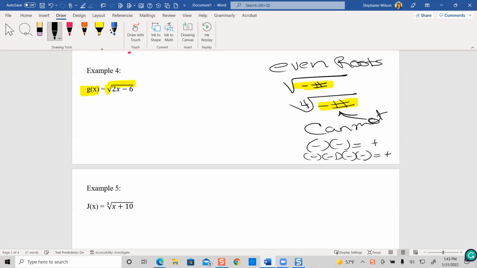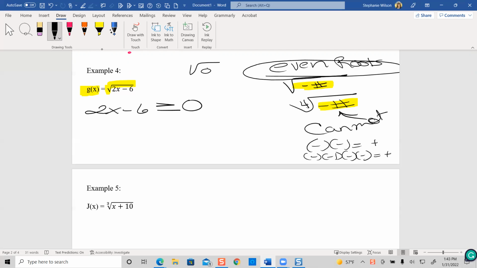So there is a restriction on even roots. What we need to do is take what's inside there, the radicand, and set it greater than or equal to 0, meaning that I can have 0 in the root, because the square root of 0 is 0, cube root of 0 is 0, fourth root of 0 is 0. Okay, so that's all true.